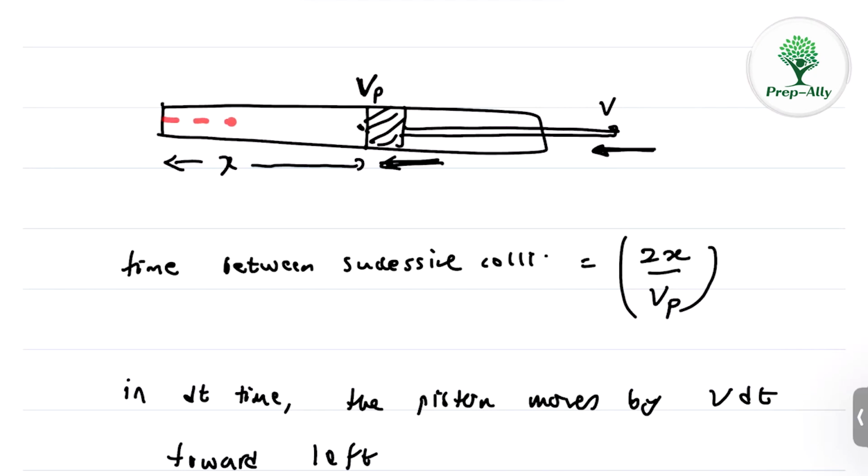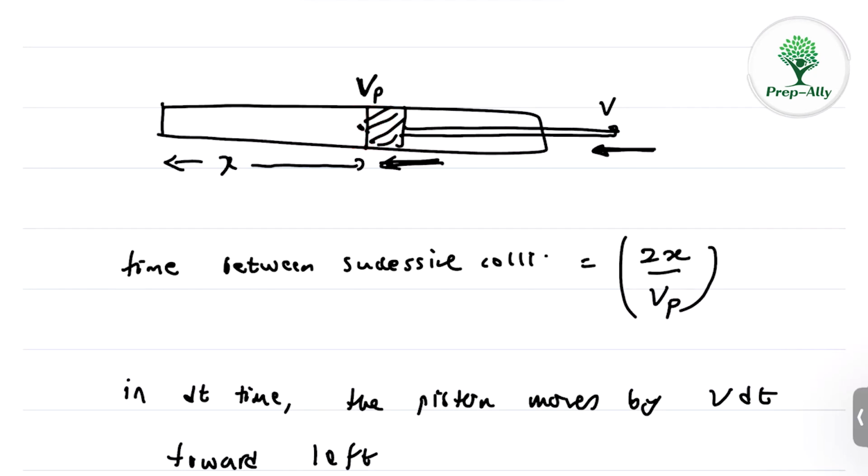Now when it is going back again, the piston is still almost here only, because the velocity of the piston is so small. Only when the particle goes forward and back hundreds of times does the piston get displaced a little bit. That's how small the piston's velocity is.